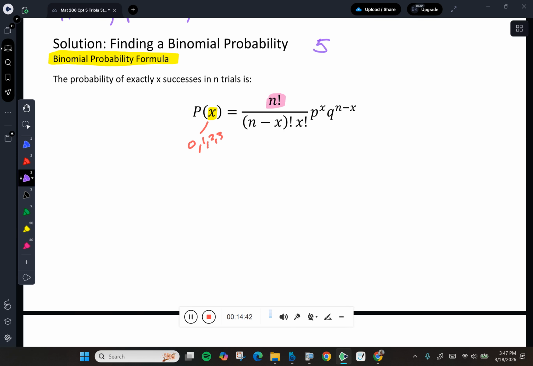So 5 factorial means 5 times 4 times 3 times 2 times 1. You just start with that number, times 1 less, times 1 less, until you get to 1. Right? Same thing down here in the denominator. You do n minus x factorial and x factorial, and then the probability of success p and q raised to exponents.